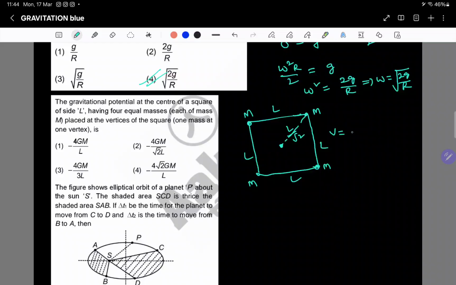Potential V equal to 4 into minus Gm by distance L by root 2. So V equal to minus 4 root 2 Gm by L, students. Fourth option.